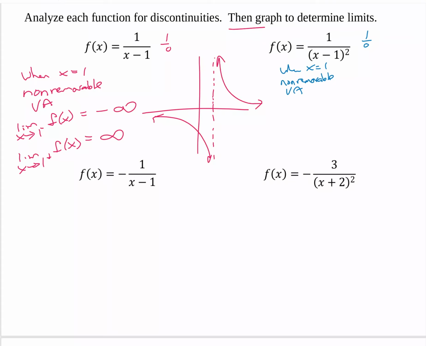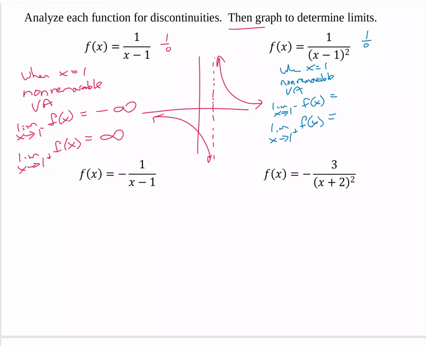Okay, and then we want to figure out the limit as x approaches 1 from the negative side of the function, and the limit as x approaches 1 from the positive side of the function.